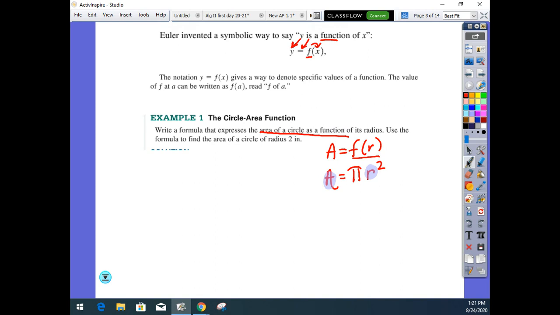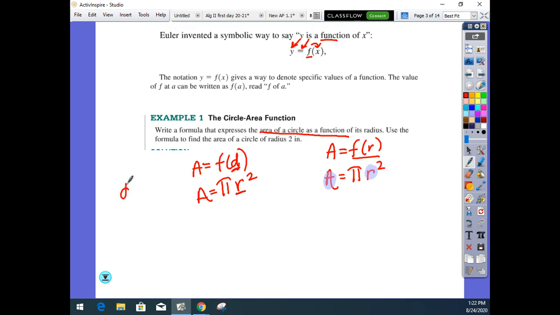What if it said find the area as a function of its diameter? Okay, so we know the area formula of a circle is pi r squared, but what if I don't want r, I only want to use d? I need to find a relationship between r and d.